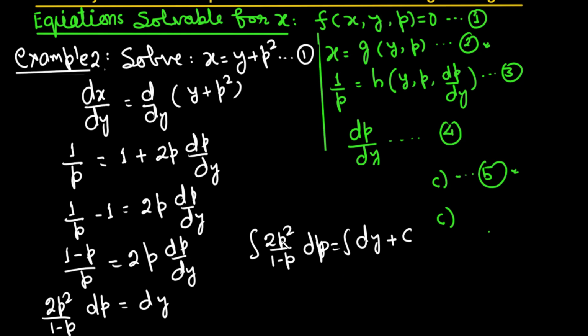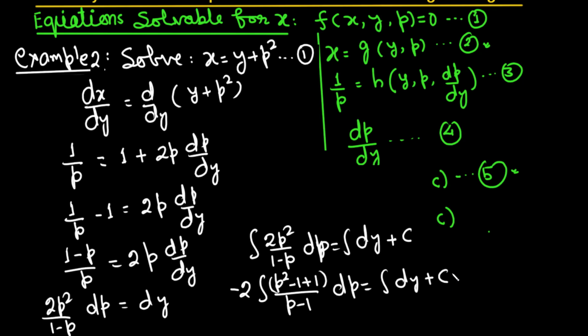So here we have to integrate p square over (1 minus p). How to integrate it? Here 1 minus p is in the denominator. So before that we bring out 2, and we can write p square as p square minus 1 plus 1. So we can write it as 2 times (p square minus 1 plus 1) over (1 minus p), and let us take out a negative common from 1 minus p, so this is minus 2 times (p square minus 1 plus 1) over (p minus 1) dp equals the integration of dy plus c.